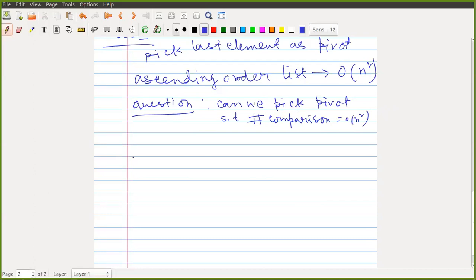Now, one thing to note, whatever we are doing can be summarized as follows. Initially, we have a list S, and somehow, if we can pick a pivot somewhere in the middle, say this is the pivot. Originally, the size of S was n, say this is 1 to n.